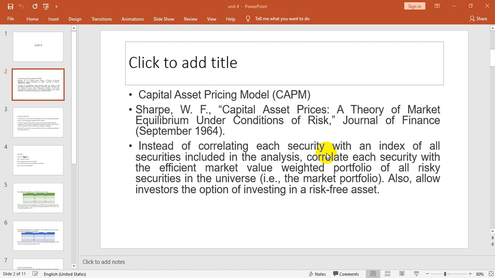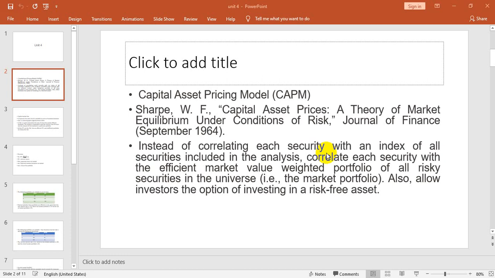So what CAPM does is it helps to correlate the securities. Instead of each security with an index, correlate with all the efficient securities in the universe. That is what your CAPM does.